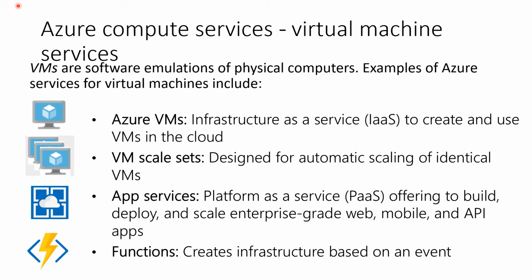Scale sets are an Azure Compute resource that you can use to deploy and manage a set of identical VMs with all VMs configured the same. The VM scale sets are designed to support auto scale without pre-provisioning of any VM. So you do not need to worry about adding any new VMs by yourself. Scale set does it for you.